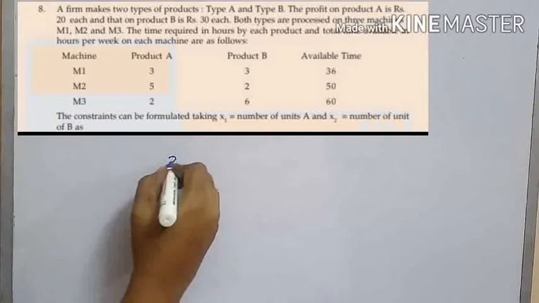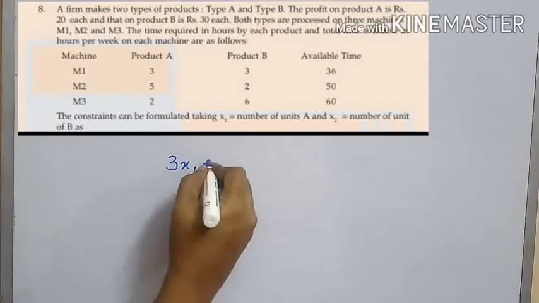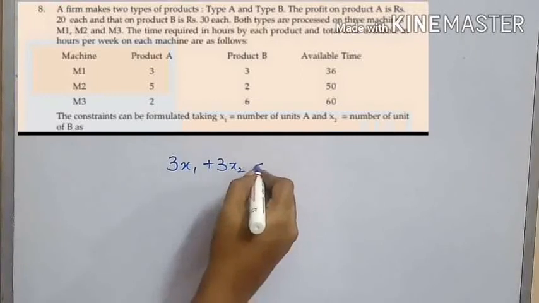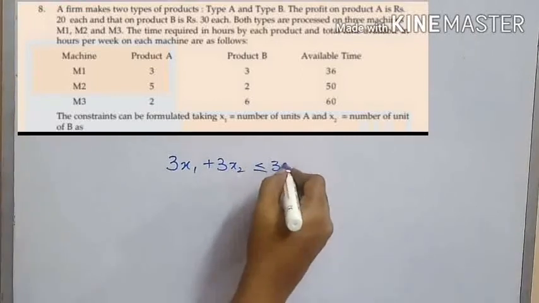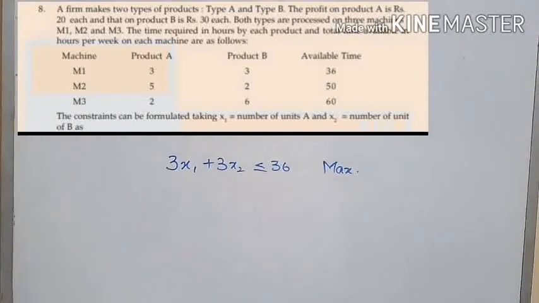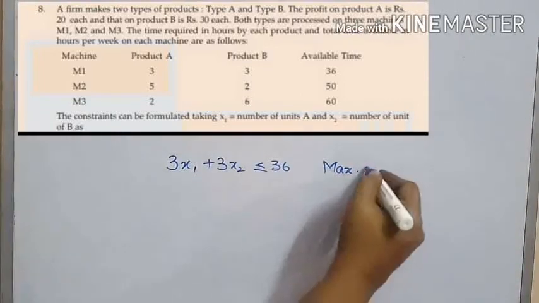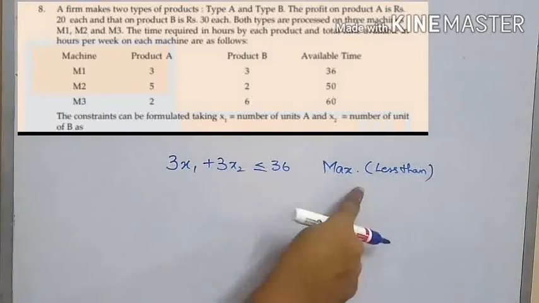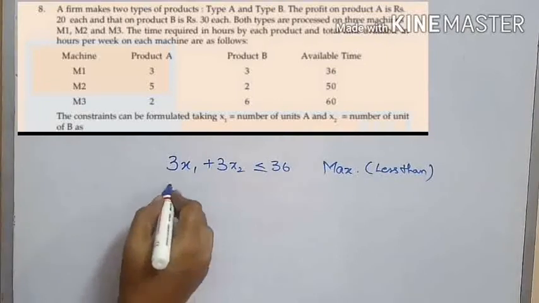In the next question, a firm makes two types of products, type A and type B, and they make profit on each. Both types are processed on 3 machines M1, M2 and M3. Time required in hours by each product and total time available in hours per week on each machine are as follows.